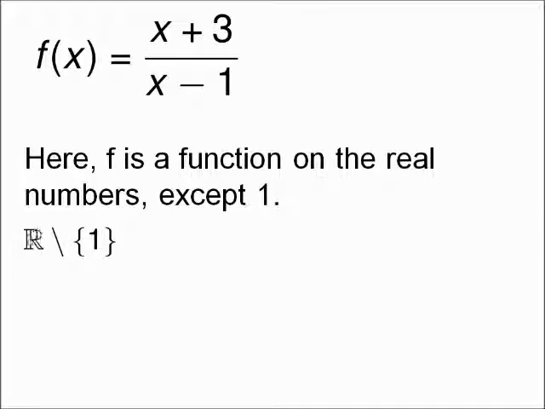You could do the R, and this backslash is a minus sign when you're talking about sets, and you take out 1. And I use curly braces here because when we're talking about domain, we're talking about sets of numbers, so this is the proper notation. So R backslash 1, all that this is saying is look at the set of all real numbers except 1.